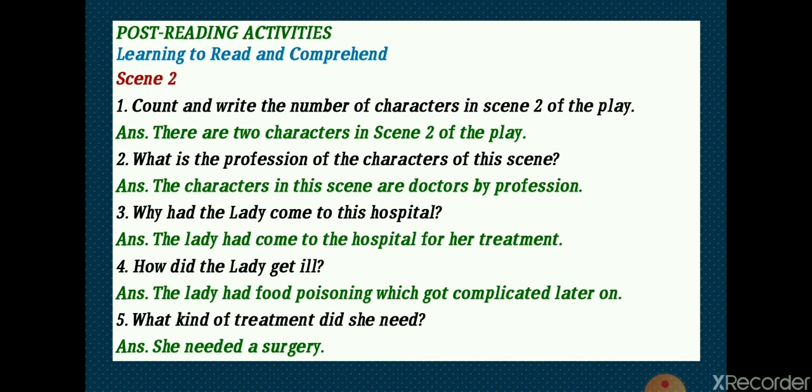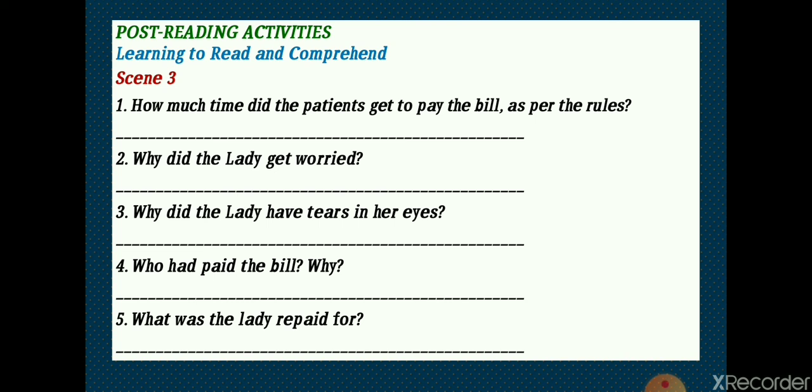Very well done, students. Now we are switching over to the activity based on scene number 3. You must be remembering the scene number 3 in which we had 3 characters: the lady, the nurse, and a person who had brought bills.